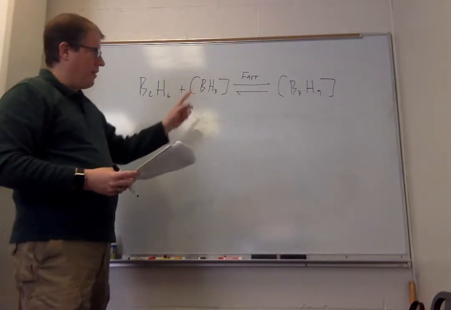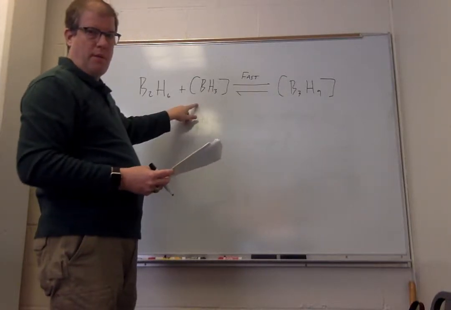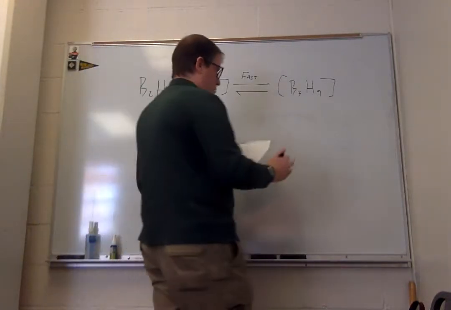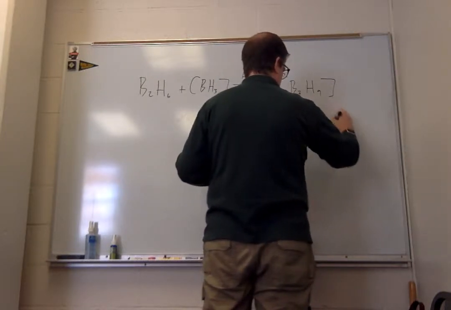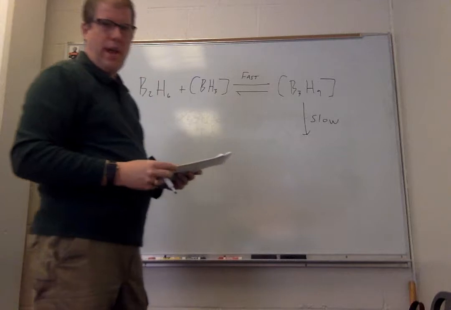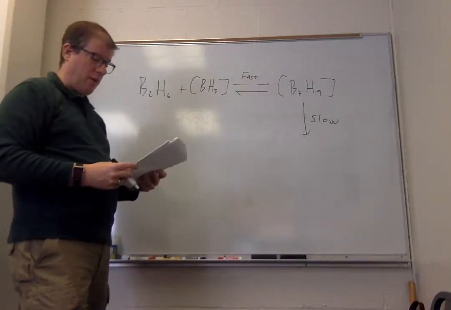Now, what that actually does is once it's generated, it does equilibrate with these two species, but it also undergoes another process which is slower. So this is the slow step, and it also proceeds pretty much to completion, which is why it was drawn as an arrow instead of an equilibrium.